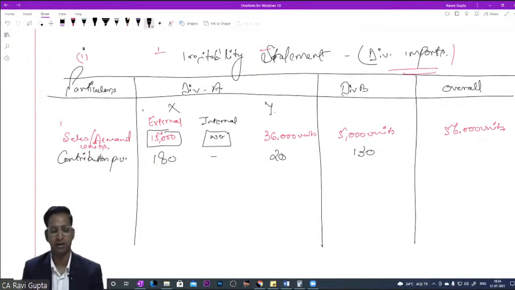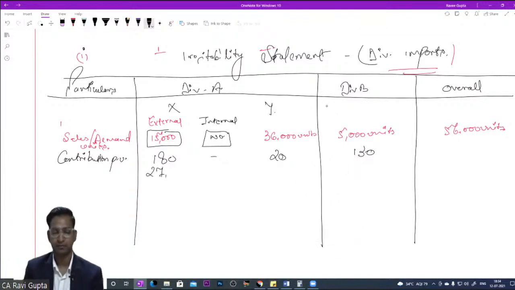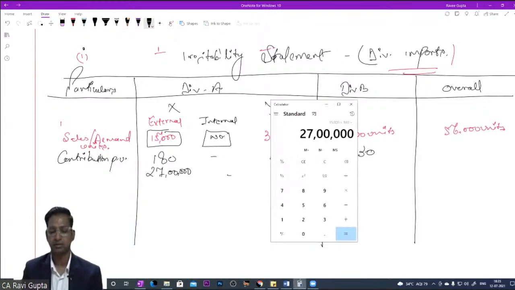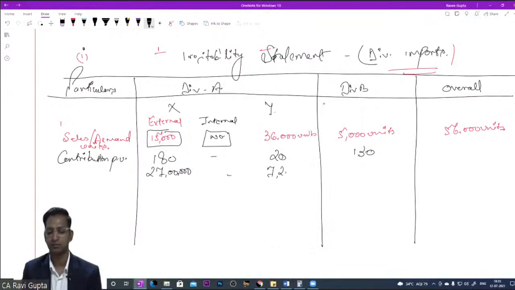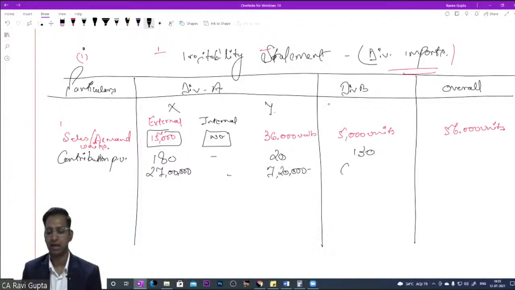Total contribution: 15,000 units into 180, 27 lakh rupees. 36,000 multiplied by 20, it will be 7,20,000. 5,000 into 130, it will be 6,50,000.